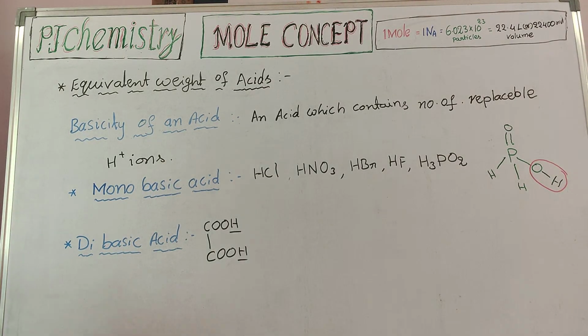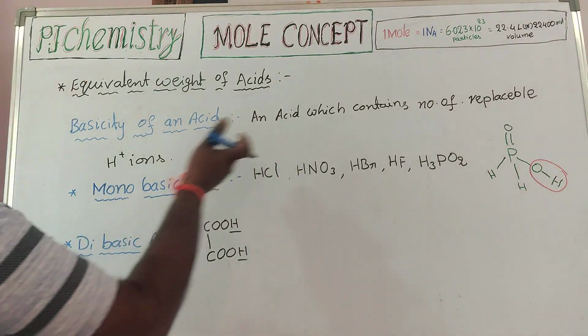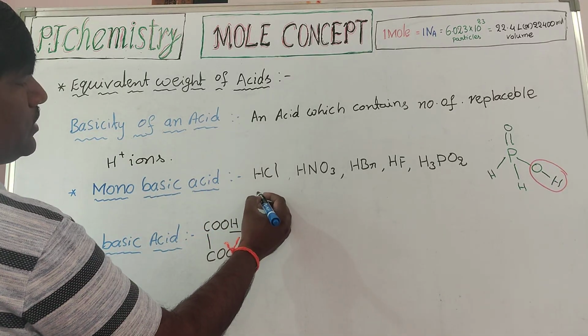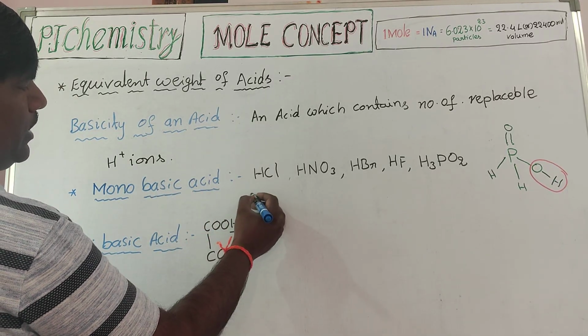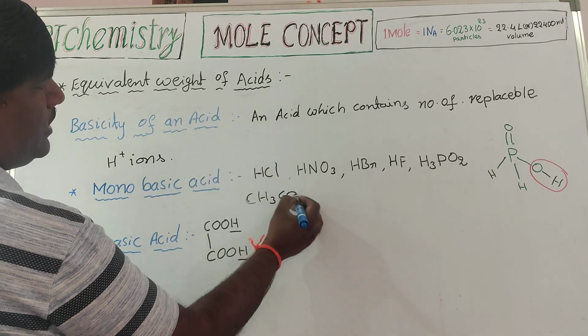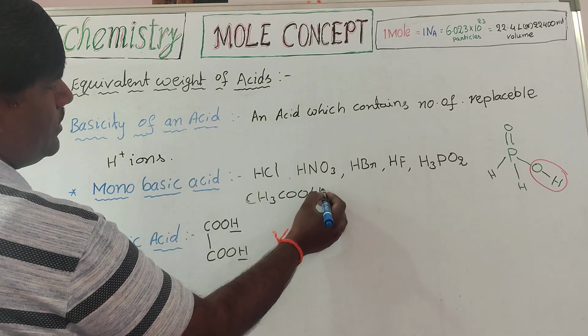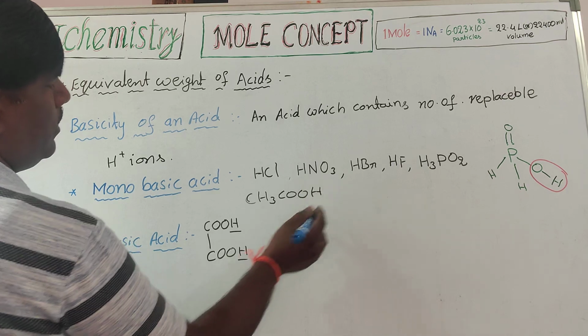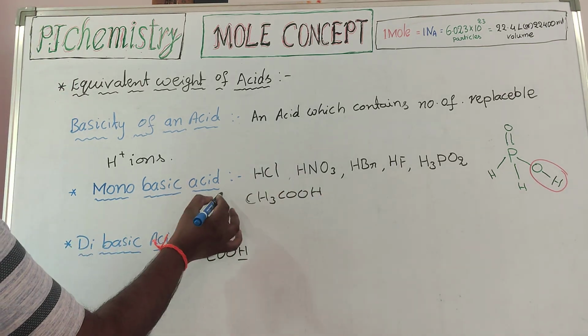Dibasic acid. In a monobasic acid, CH3COOH, acetic acid, very good, there is only one replaceable hydrogen ion, monobasic acid.